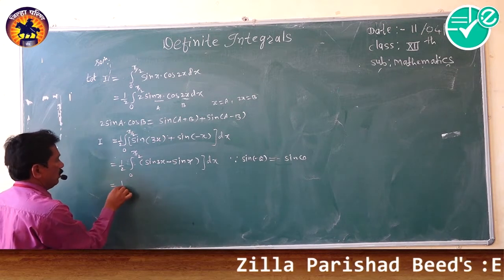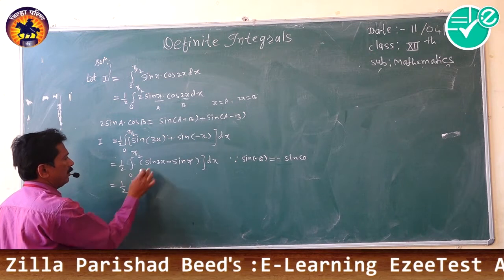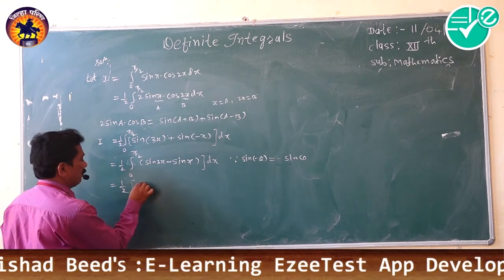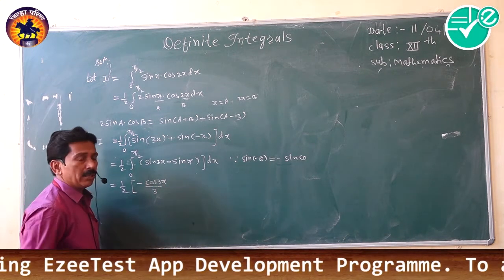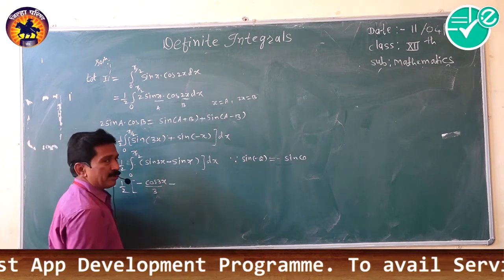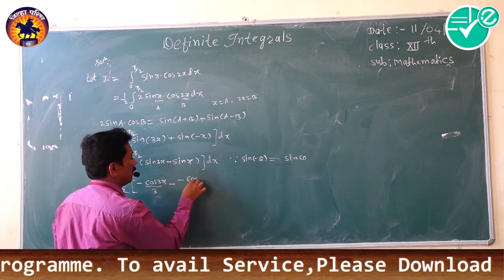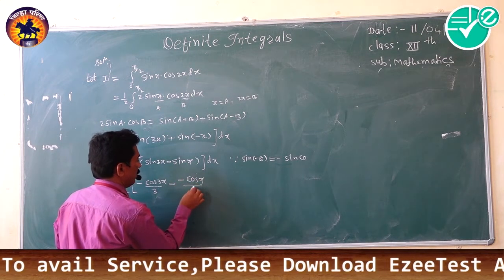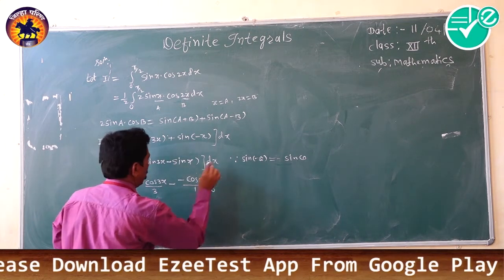Therefore this is equals to 1 by 2. Now integrating this, integration of sin 3x is minus cos 3x upon 3, minus integration of sin x is minus cos x divided by 1, 0 to pi by 2.